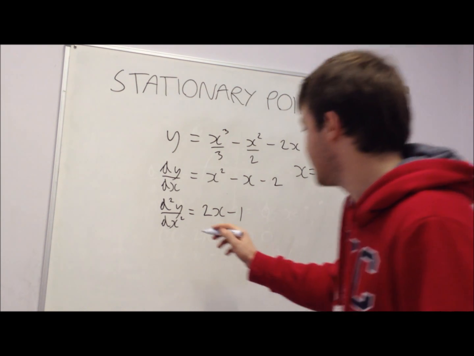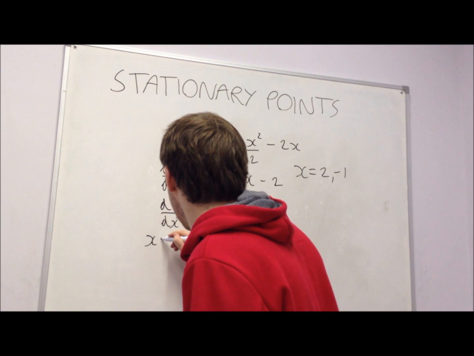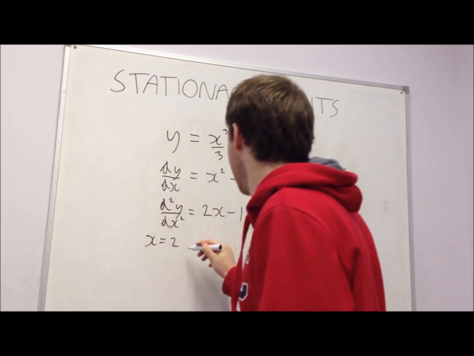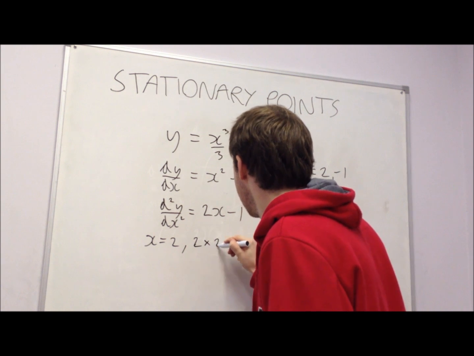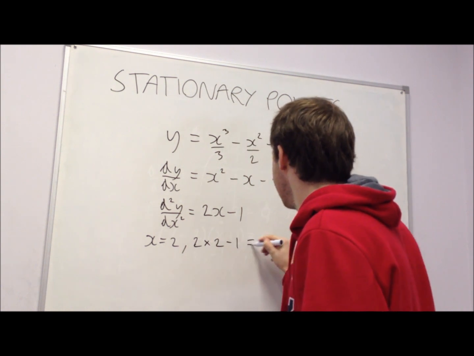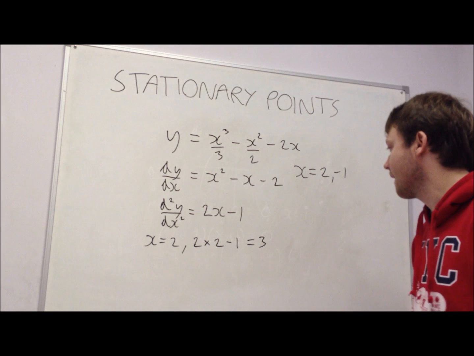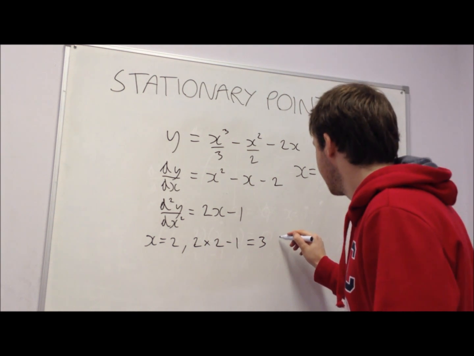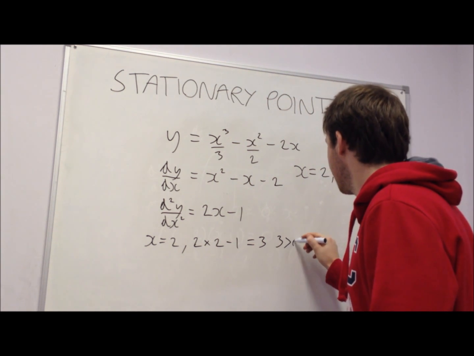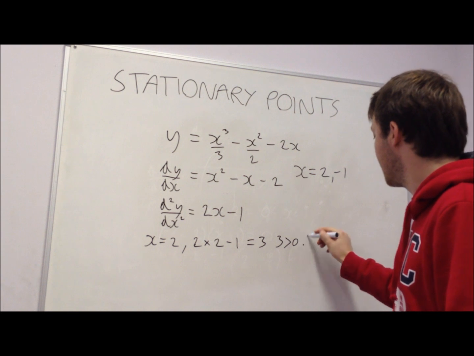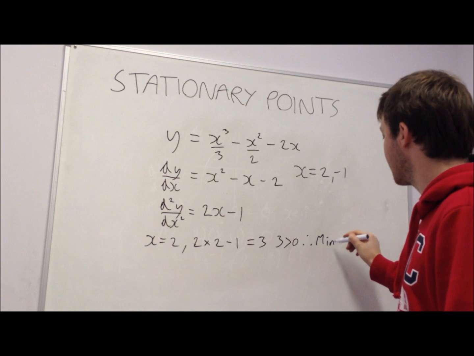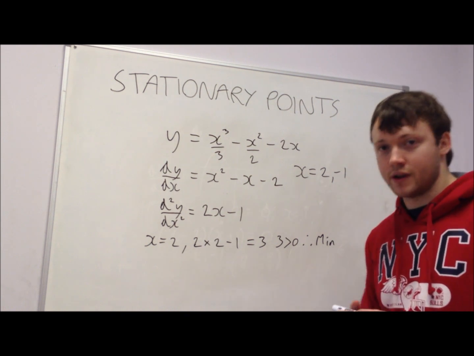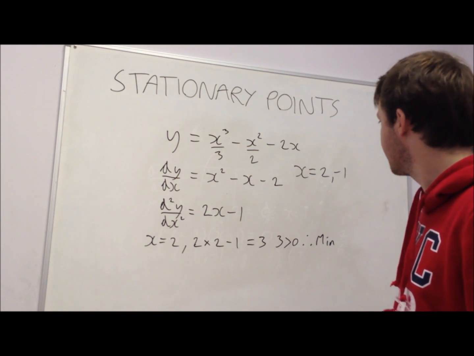So if we start when x is 2, we just get 2 times 2 minus 1, and that is equal to 3. And since 3 is greater than 0, you can say therefore it is a minimum point, as we discussed at the start with the drawing of the arbitrary graph.